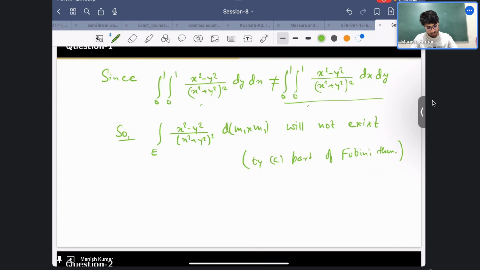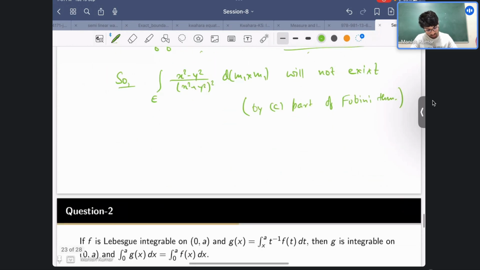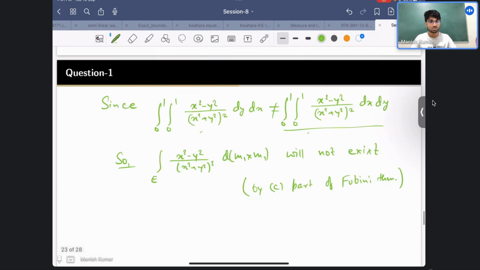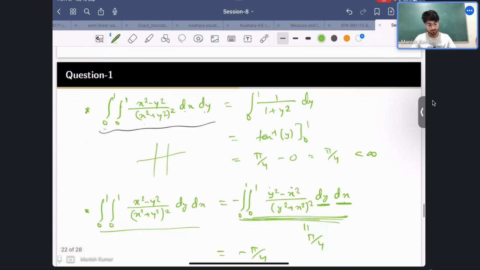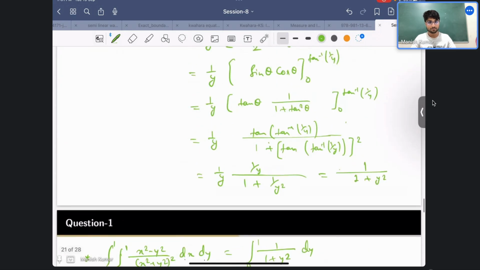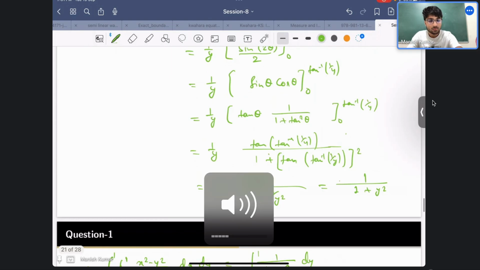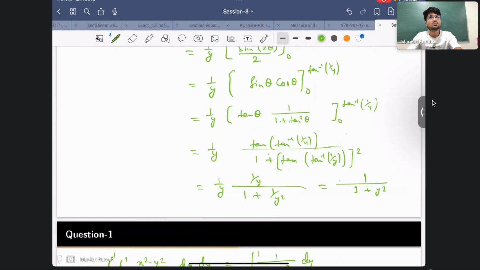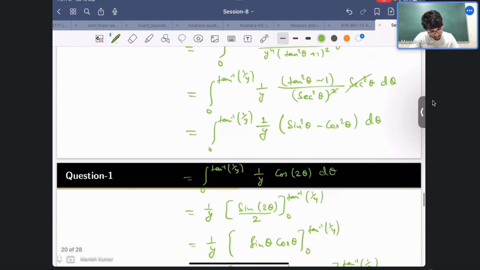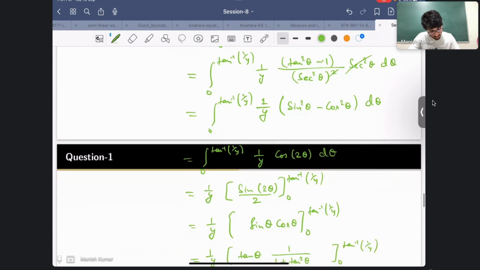Okay, if this is fine, then is there any doubt in this problem? Sir, when we integrate, where we put cos 2 theta, there should be a minus here.